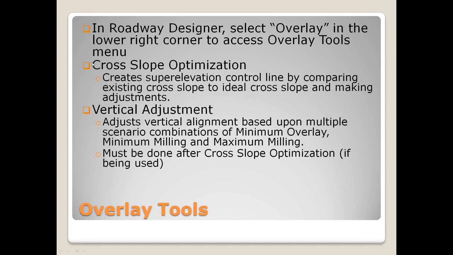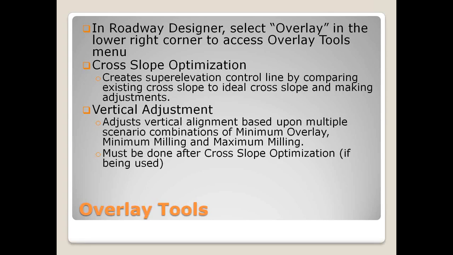So the cross slope optimization tool, it's going to create a super elevation control line for you based on the existing cross slope of your roadway and comparing that to an ideal cross slope. And if the ideal is within a certain envelope, it'll leave it at ideal. If not, it'll adjust it by whatever envelope you set.